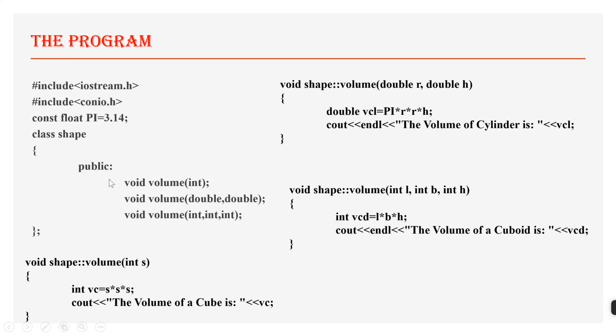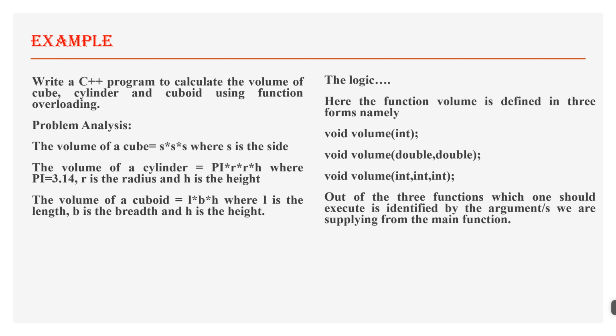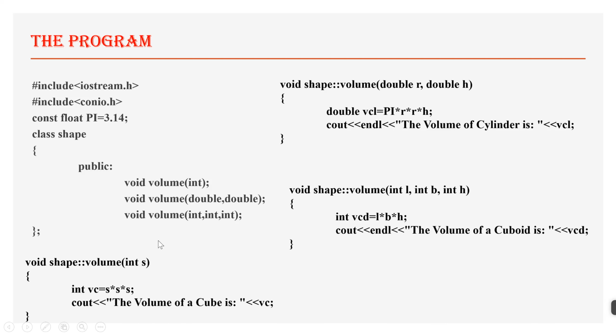But under the public, I need to define the three functions. What are they? Volume of integer to find out the volume of a cube, volume double comma double to find out the volume of a cylinder, volume integer comma integer comma integer to find out the volume of a cuboid, right? L, B, H. So now this is how I define the class.